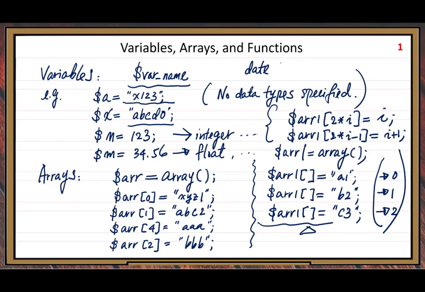When you call the date function, you need to specify the format. For example, year, capital Y. Then dash, because how do you connect the information from year, month, and day?